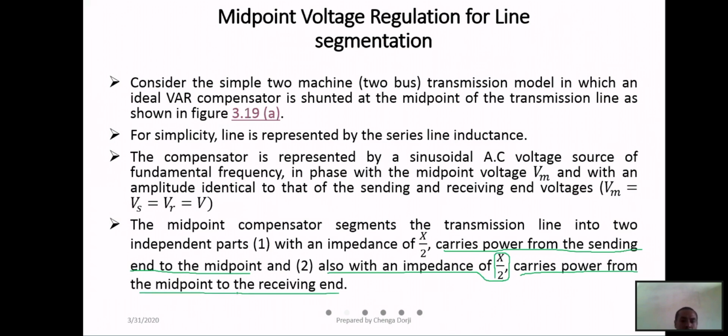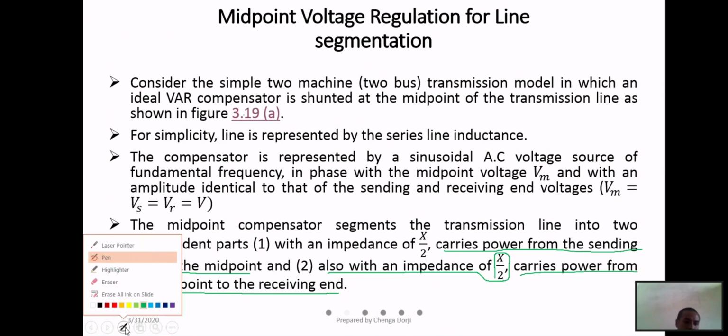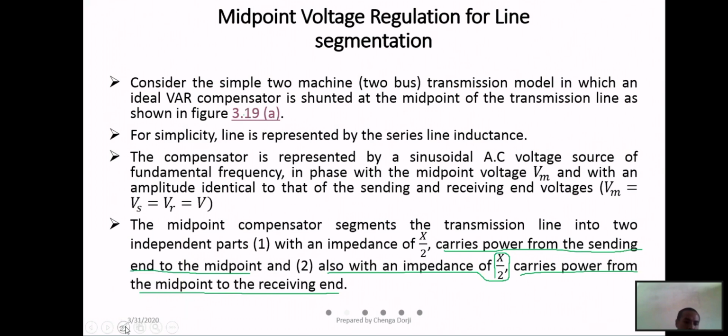So it is broken down into two parts: the first half from sending end to midpoint, and the second half from midpoint to the receiving end. It will carry the power.